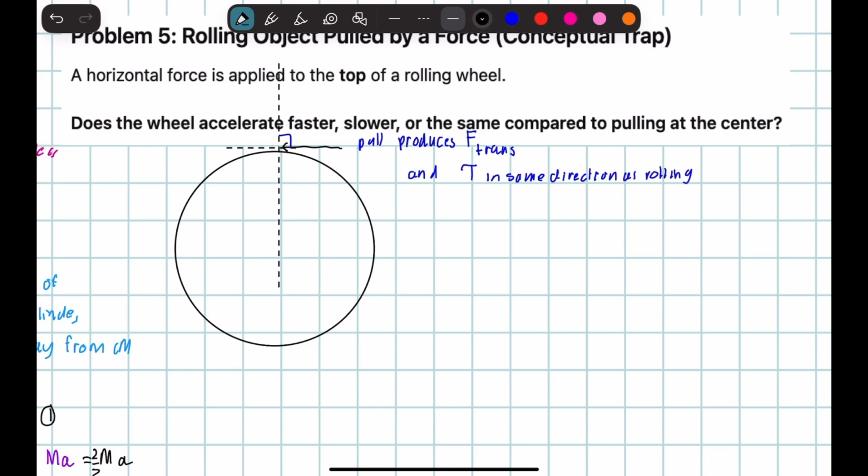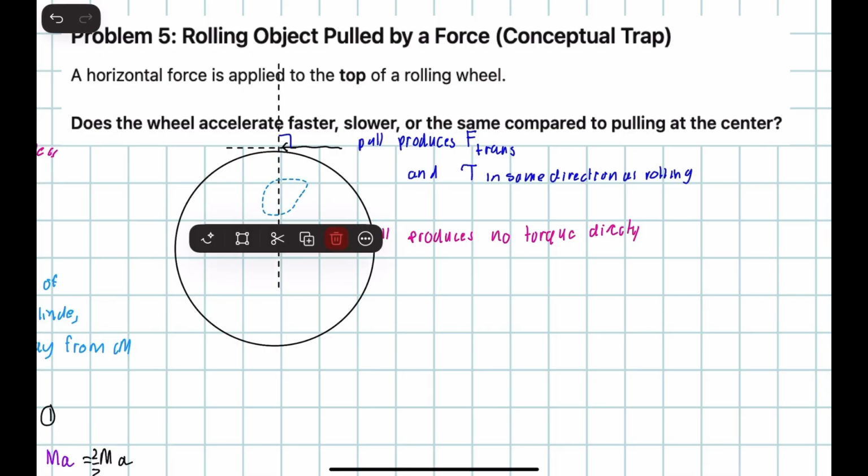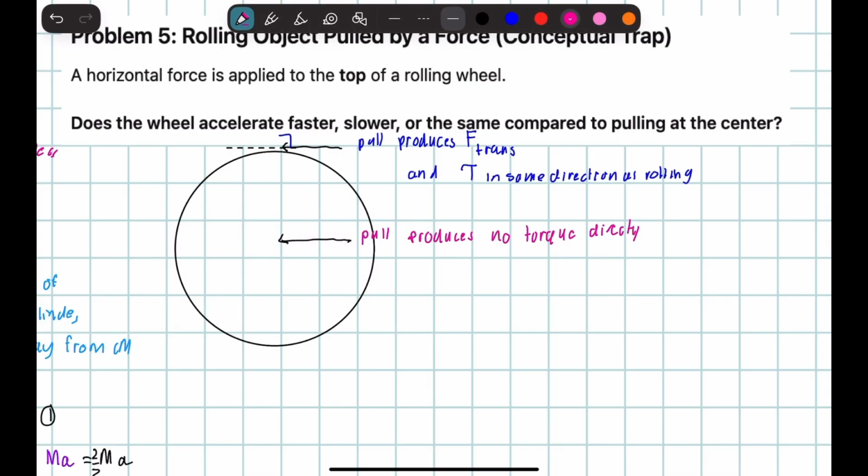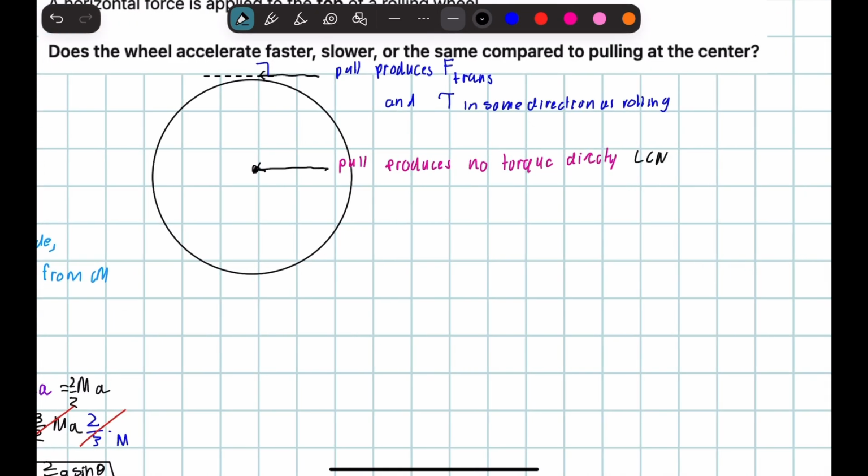But let's say we pull in the center. Well, this pull produces no torque directly, because it's right there on the center of mass.